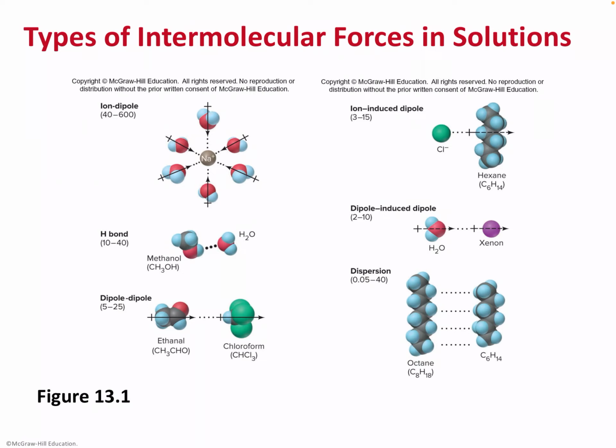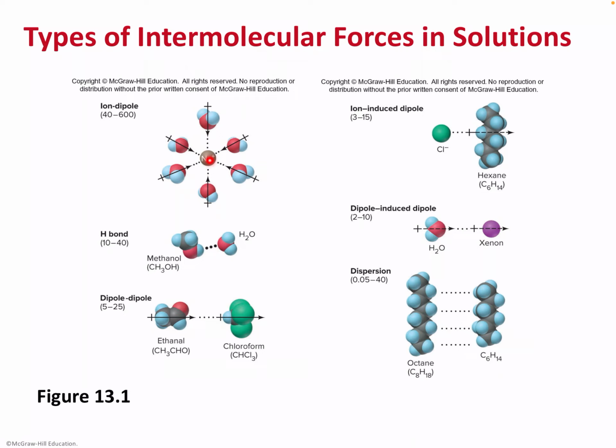So these are types of intermolecular forces in solutions. We have learned about these intermolecular interactions in detail in General Chemistry 1. But here we can refresh our minds, and the first one is called ion-dipole. Ion-dipole exists if you put sodium chloride, which is your table salt, into water, it dissolves.